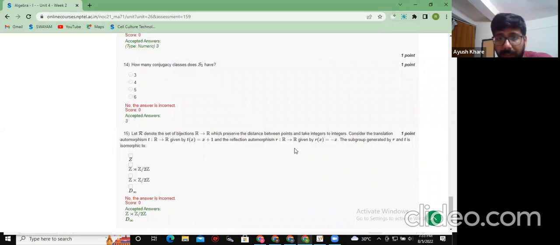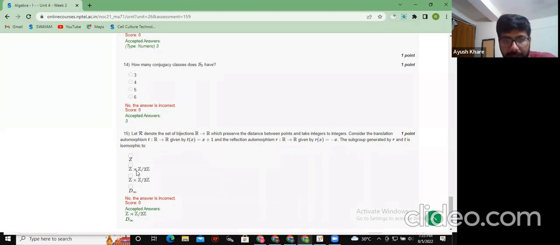So it's also doing the same thing. You can see that it will be isomorphic to that, and you should be able to define an isomorphism from this to D infinity.